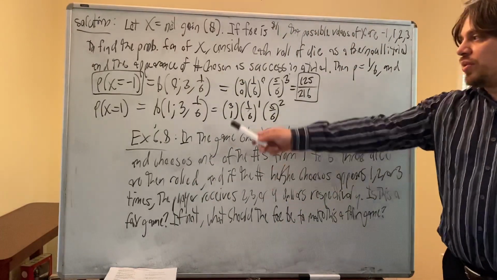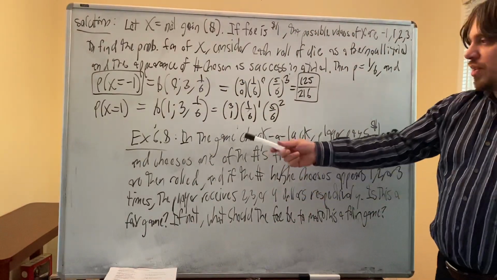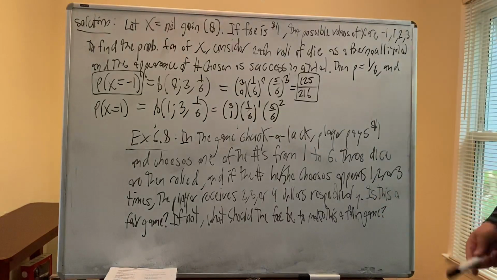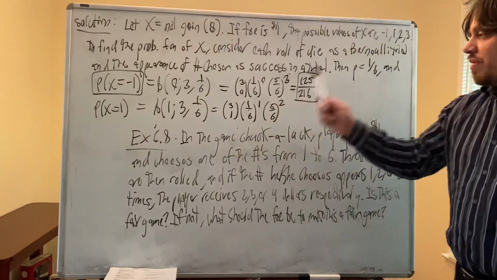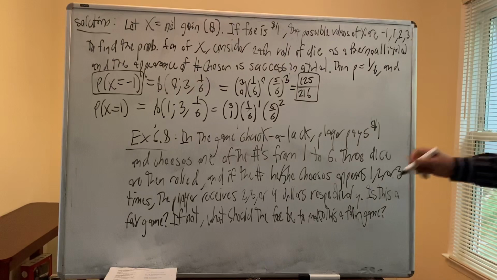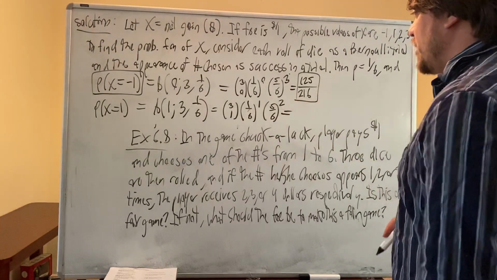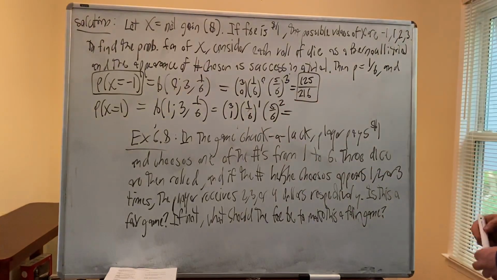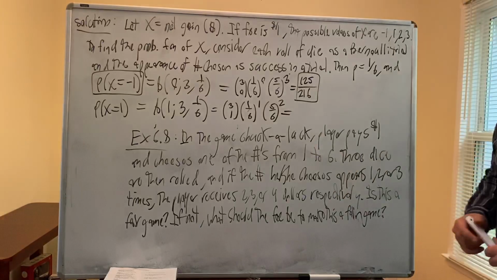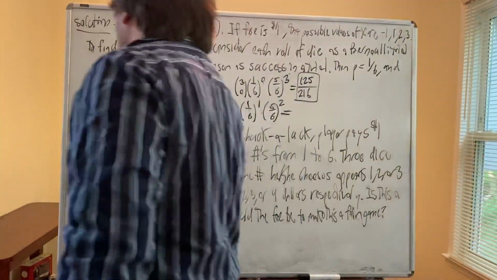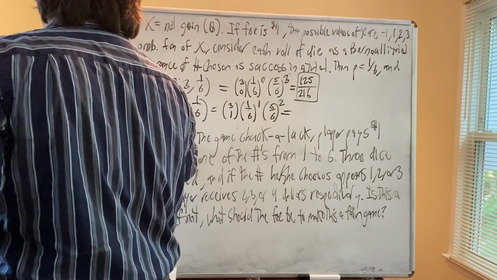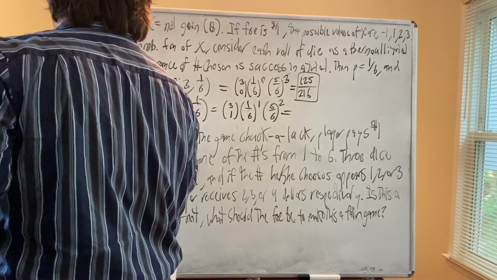Okay, good. So 3 choose 1 is number of ways to choose 1 out of the 3 trials to be a success. 1/6 to the first is 1 success, 5/6 squared is 2 failures. And so then that means that it's 3 times 1/6 times 5/6 squared. 3 choose 1 is 3. You calculate 3 choose 1. It's the same as 3 factorial over 1 factorial times 2 factorial.